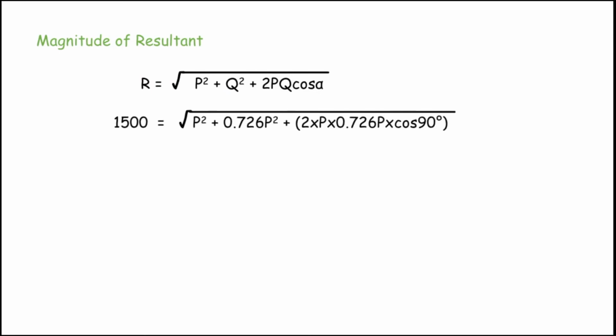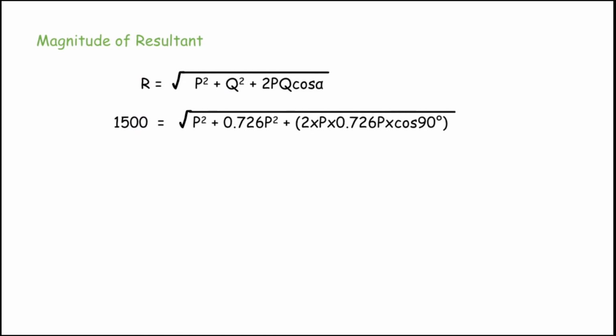And now take the formula of magnitude of resultant. R equals root of P square plus Q square plus 2PQ cos alpha. We substitute the value of R, Q and alpha here. So value of R is 1500, the value of Q is 0.726P and the value of alpha is 90 degree.